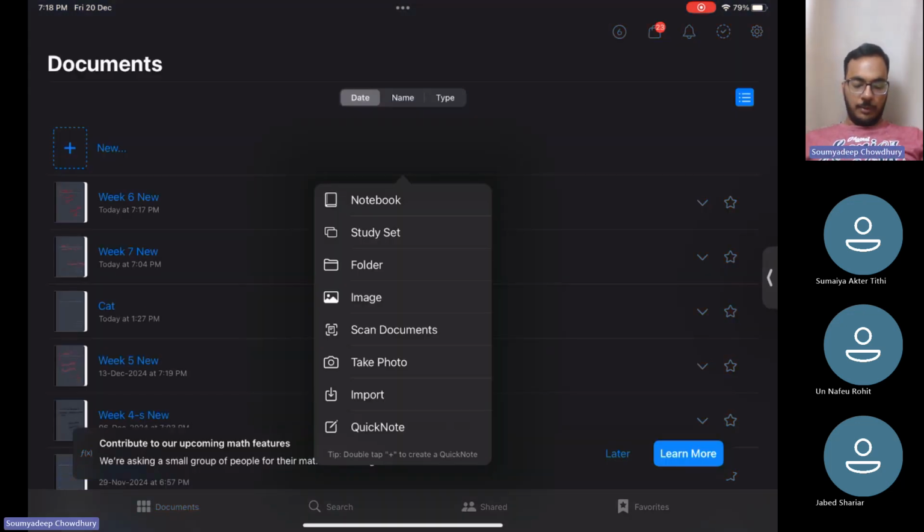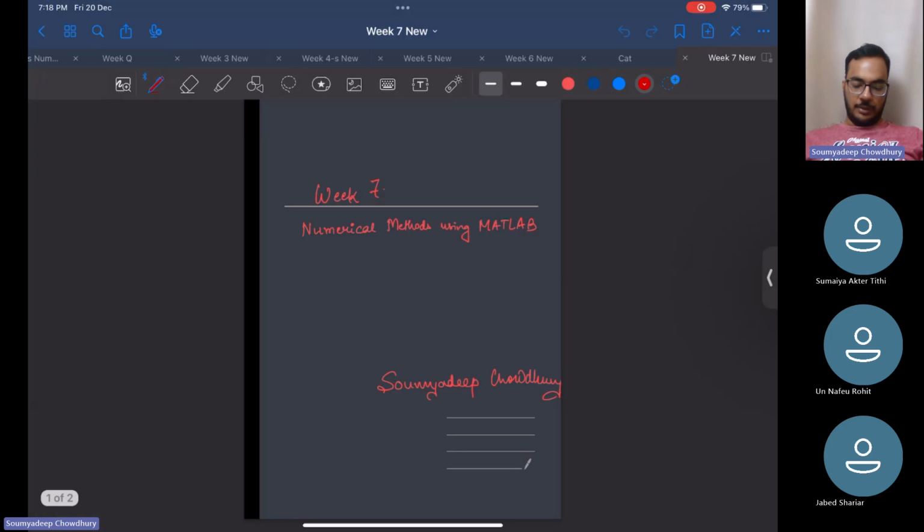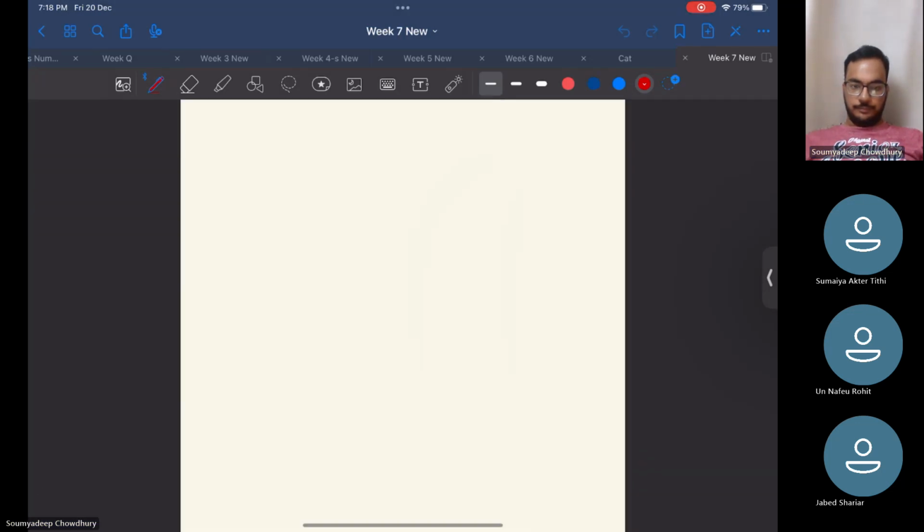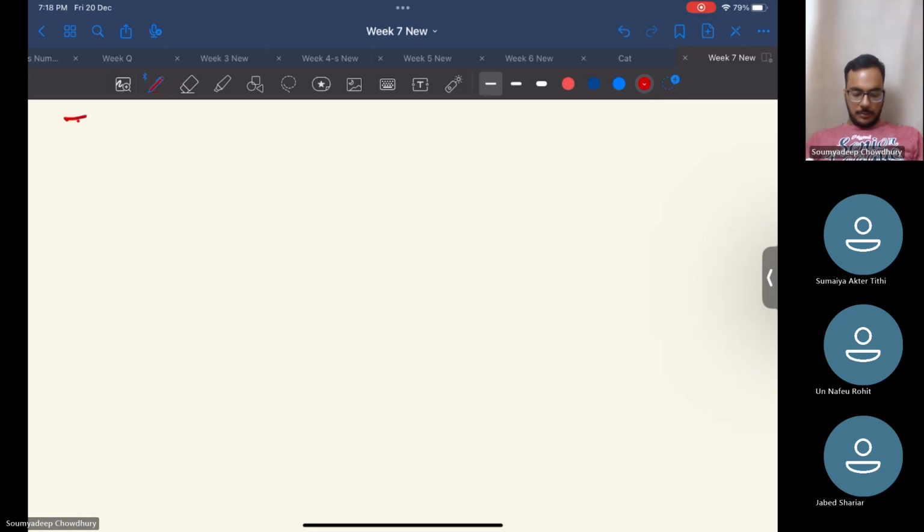Today we will start a new topic which is called interpolation. First you need to understand what the meaning of interpolation is, then we will go into the details.